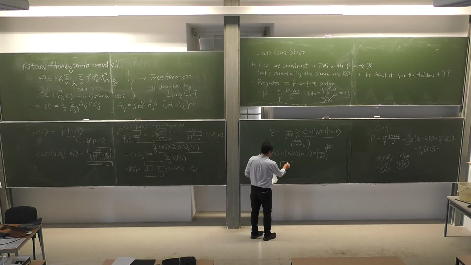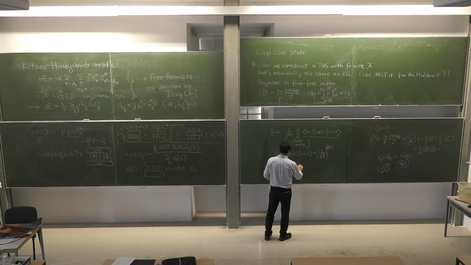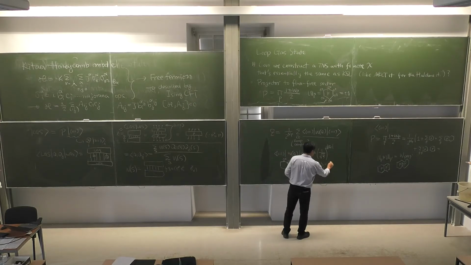On the other hand, at this side you get sigma z, and on this side you get sigma x. So basically, what you have to know is alpha 111 on each side, and this is 1 over square root of 3.